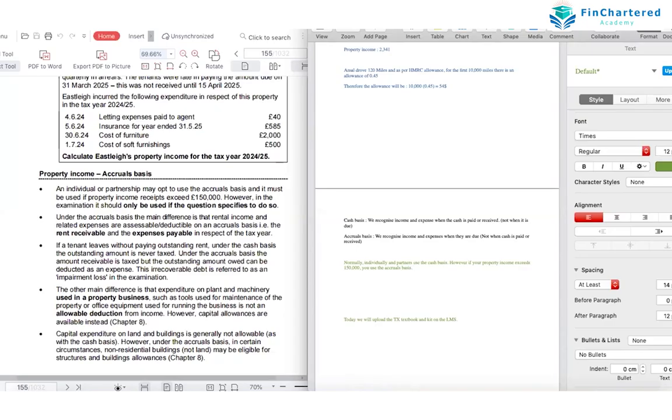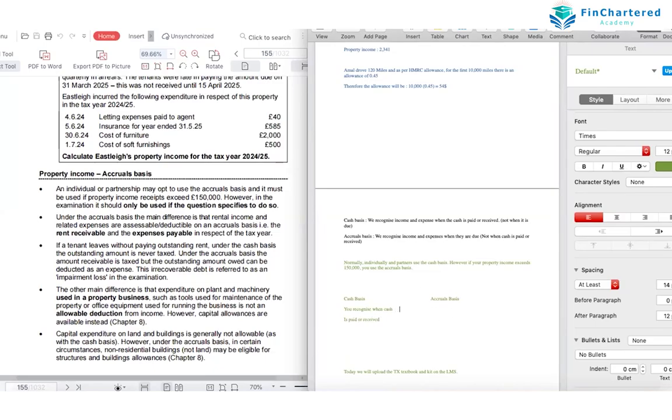Right? So we're looking at the key differences between cash basis and accruals basis. Cash basis, you can put it in your notes like this. Okay, and accruals basis. Cash basis is you recognize when cash is paid or received.